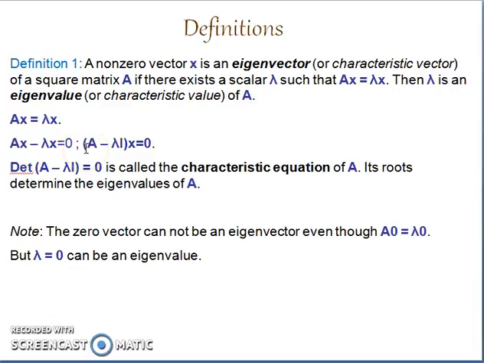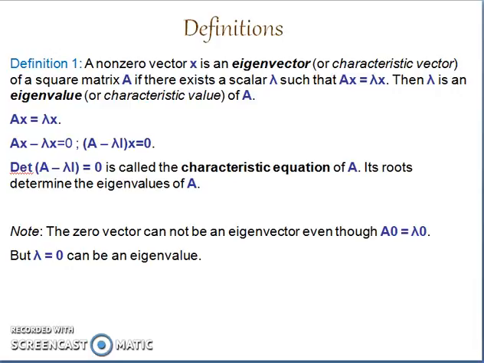So here we get (A minus lambda I) x equals 0. If the determinant of the matrix A minus lambda I is equal to 0, then we get an equation in lambda, and it is called the characteristic equation of A. The roots of this characteristic equation give the eigenvalues of A. So the important points in this slide are eigenvector, eigenvalue, and the characteristic equation.